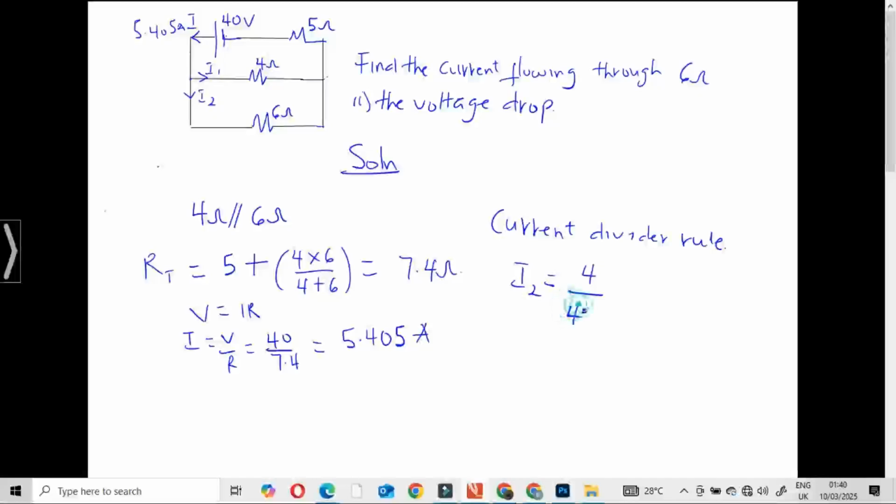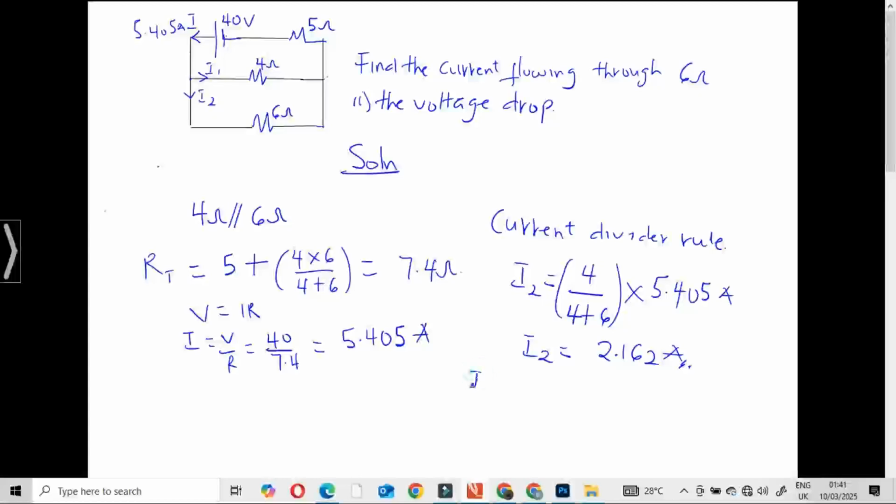So 4 over the sum of the resistors in parallel, so 4 plus 6, times the total current. That's 5.405 ampere. And upon computing this, we have our I2 to be 2.162 ampere. So this is our I2.